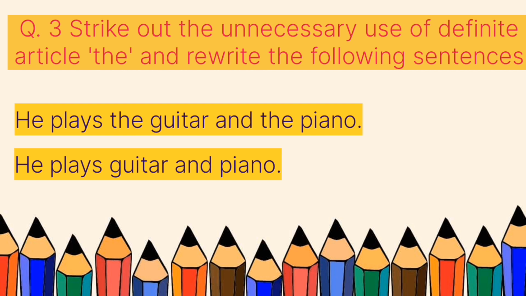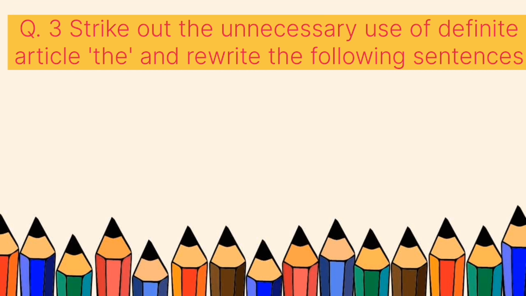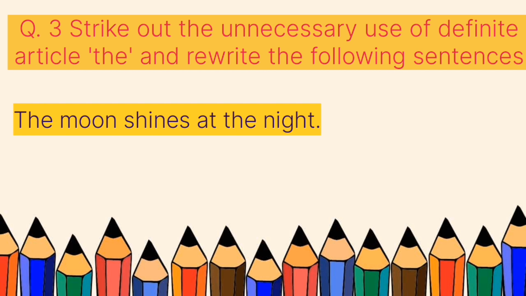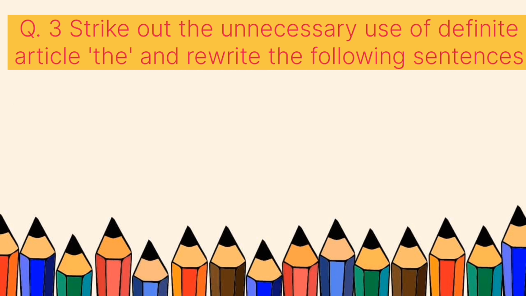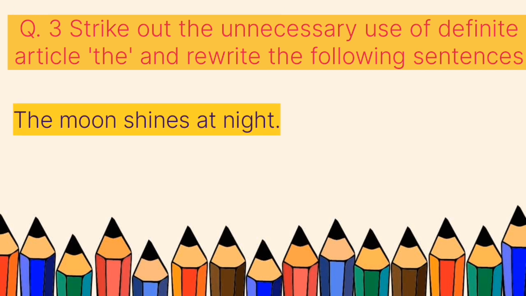Without the article, it indicates an instrument in general. Next example: the moon shines at the night. The answer is: the moon shines at night. Here, the definite article the is not necessary before night, as at night indicates generally and not about any specific night.